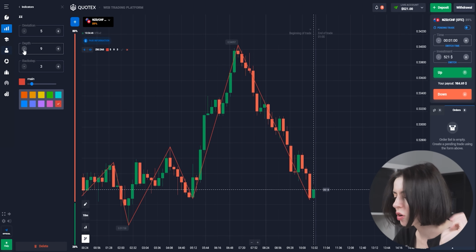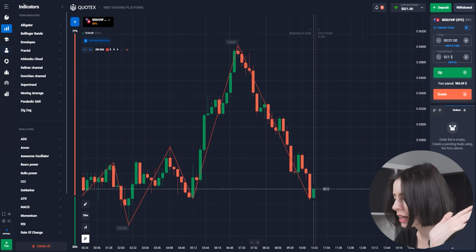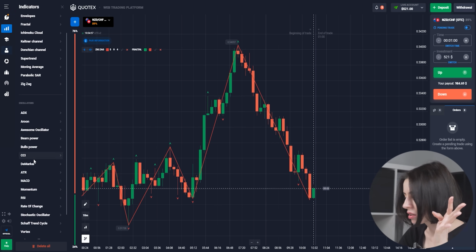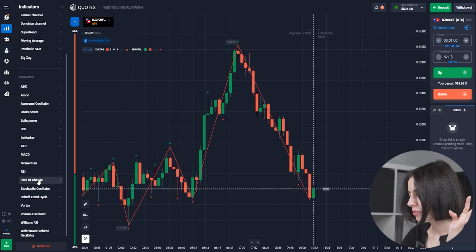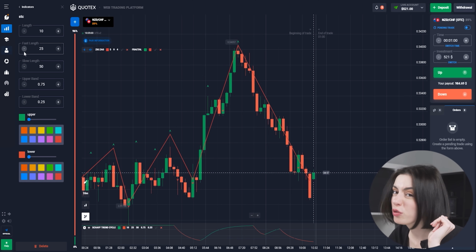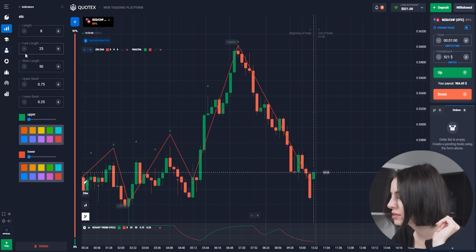Zigzag is the first one, copy all the numbers. The second one is going to be the fractional. That's going to be the 4 indicator strategy. So that's the nicest one.